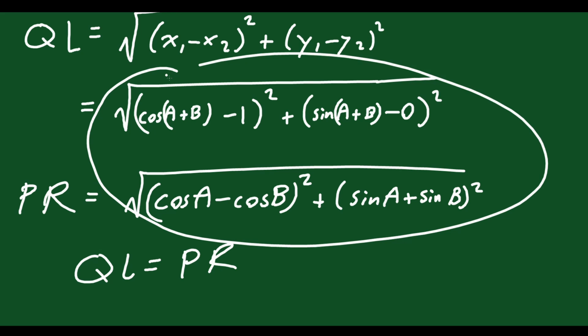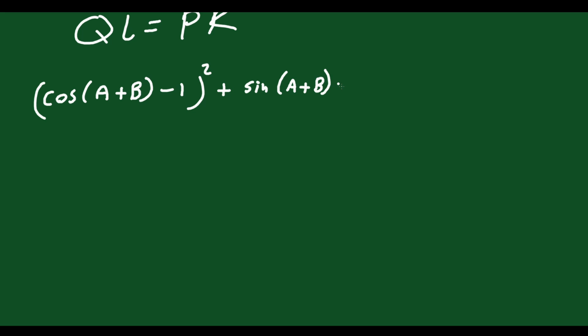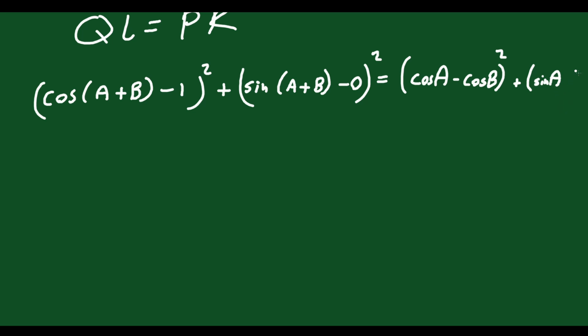So we can go ahead and say cos of A plus B minus 1 squared plus sine of A plus B minus 0 squared is equal to, I'm going to try to fit this in, cos A minus cos B squared plus sine A plus sine B, and that's also being squared. You can kind of see I squished that in, but that's okay.